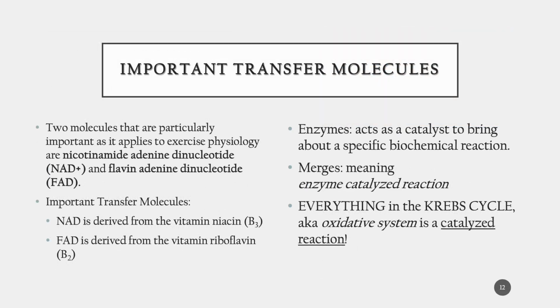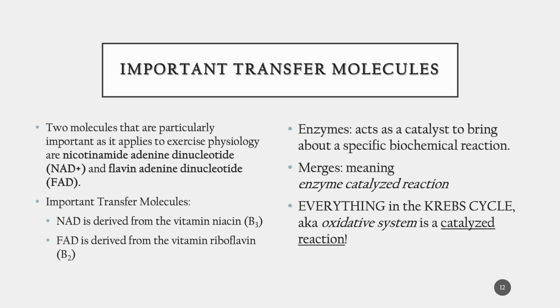This is kind of a holding page, a holding slide, if you will. I'm going to tell you about a couple of vitamins that are utilized in the process of synthesizing ATP, but we're going to put this in our back pocket once we get through this one slide until later on. Two molecules that are particularly important as they apply to exercise physiology are NAD and FAD.